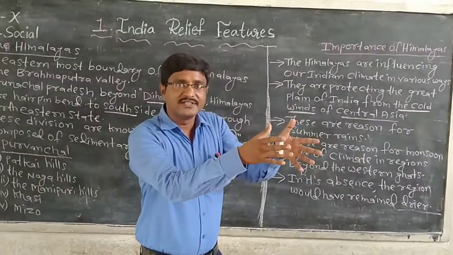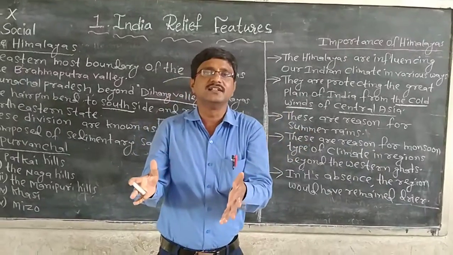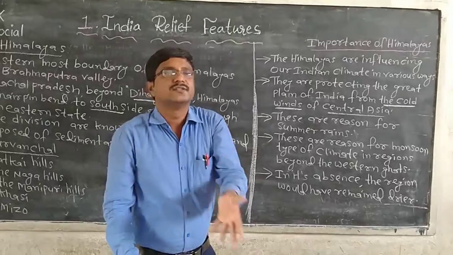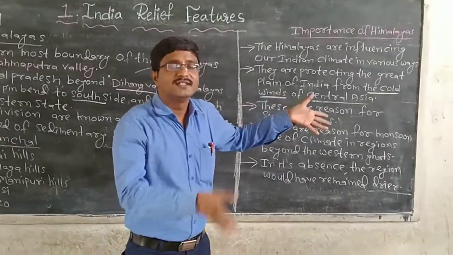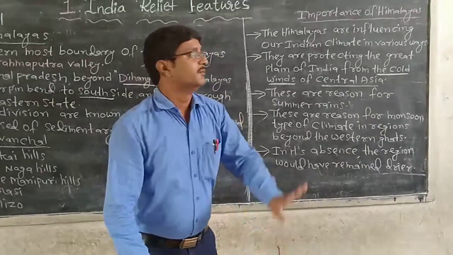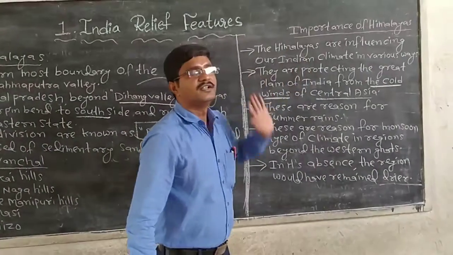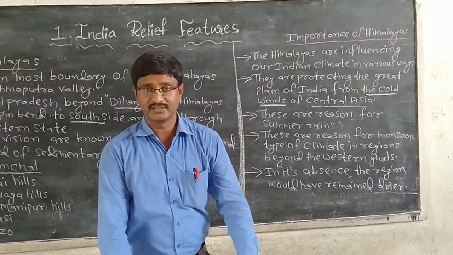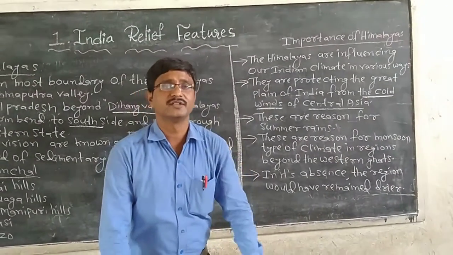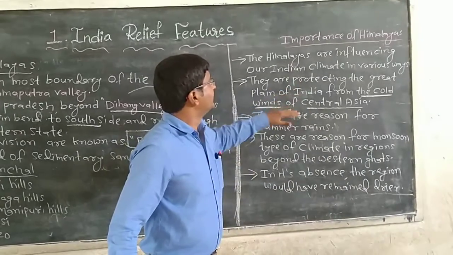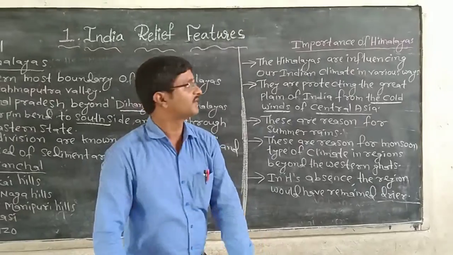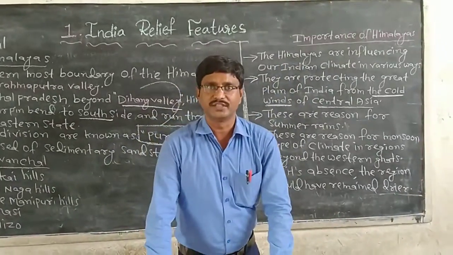See, during the winter season, cold winds blow from Central Asia, but those cold winds are not reaching the plains region because of the Himalayan mountains. In that way, the people of the northern plains are protected from the cold winds blowing from Central Asia. What is the reason for that? Because of the Himalayan mountains.